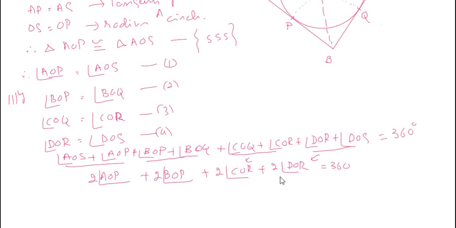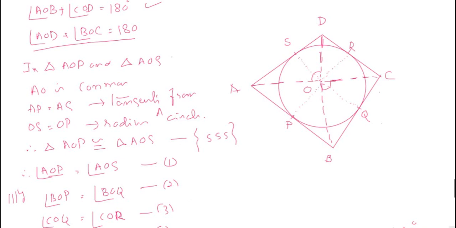Dividing by 2 every term, it becomes angle AOP plus angle BOP plus angle COR plus angle DOR is equal to 180 degree. Now angle AOP plus angle BOP is angle AOB.